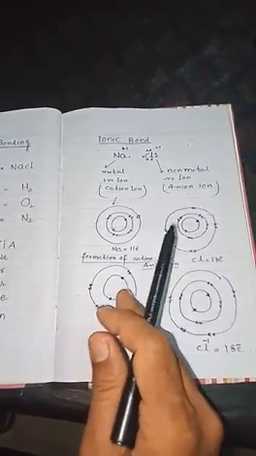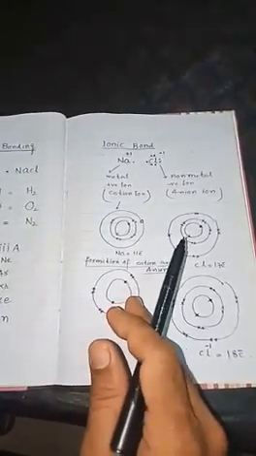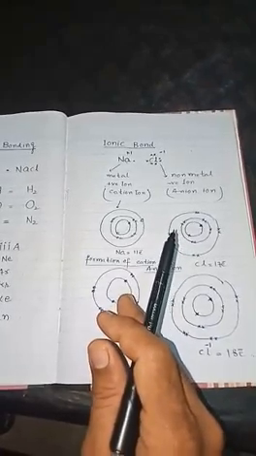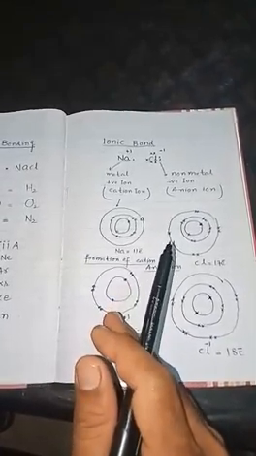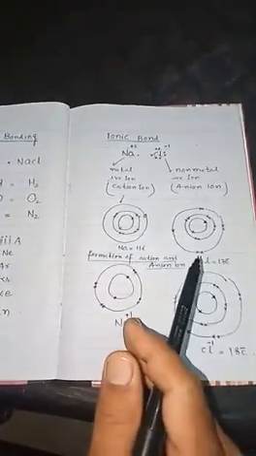Now in the same way, when we make the atomic structure of the chlorine, we see 2 electrons in the first shell, 8 electrons in the second shell, and 7 electrons are present in the valence shell of chlorine.